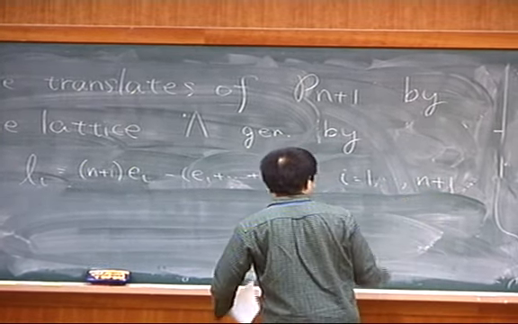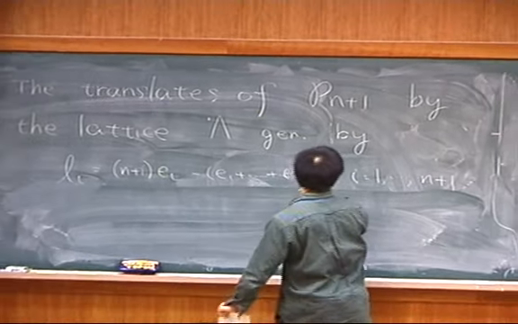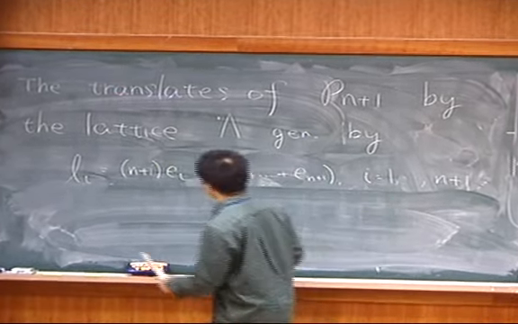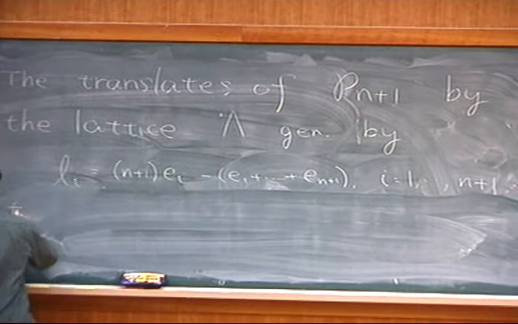Actually, i equals n plus 1 can be written as a linear combination of the others, but it's no problem.